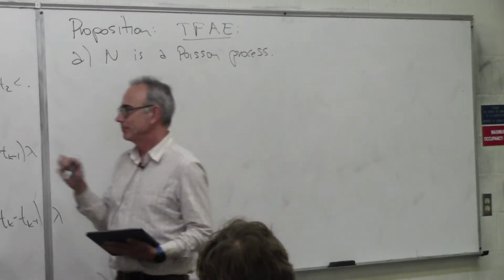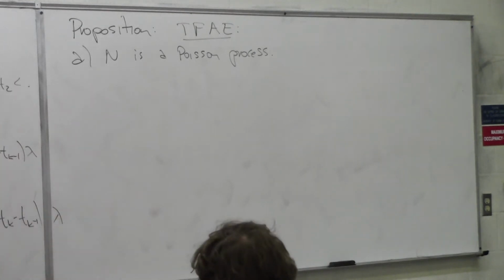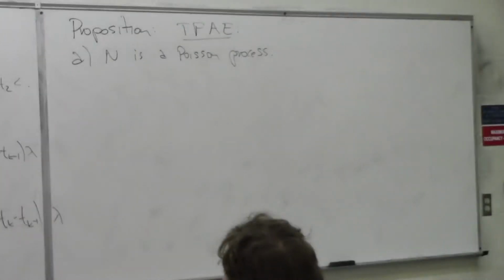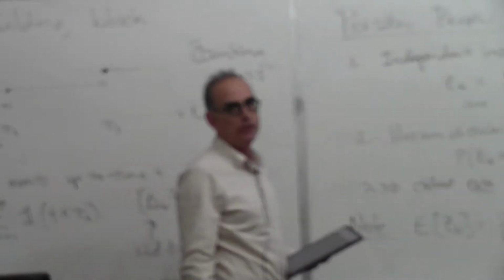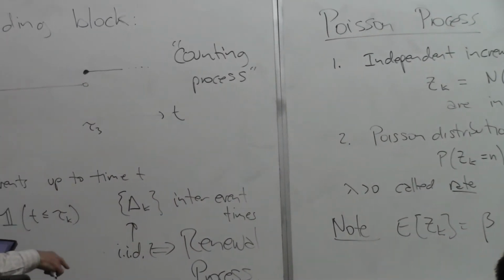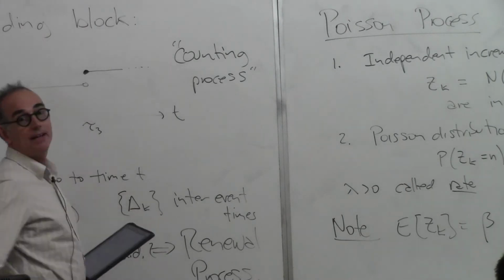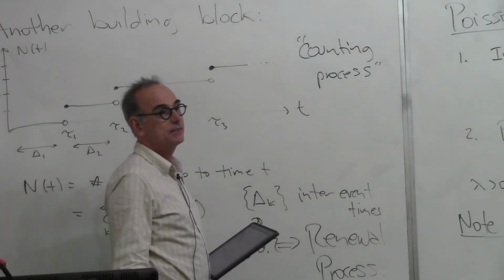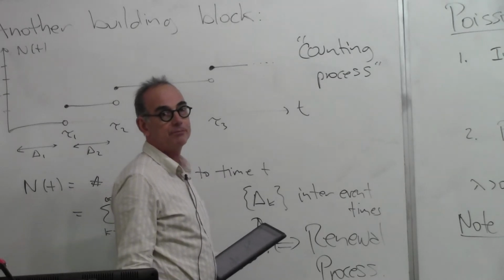So first, we have this very complicated definition, independent increments, and a Poisson distribution for each increment. The next one is going to be about these delta guys.